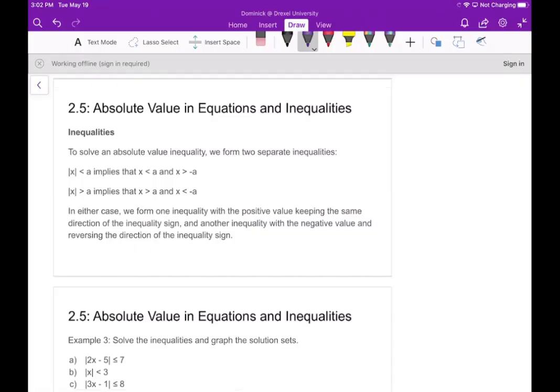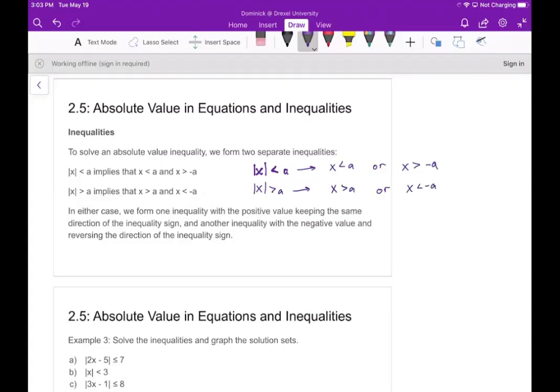So if you have absolute value of x less than or equal to something, then that means that x is either less than a or x is greater than -a. And if this is the other way, x greater than a, then that means that either x is greater than a or x is less than -a.